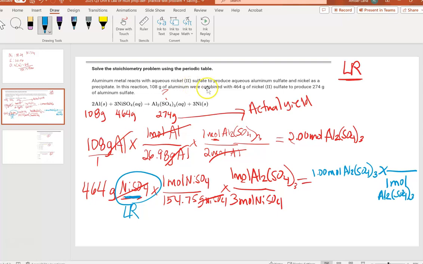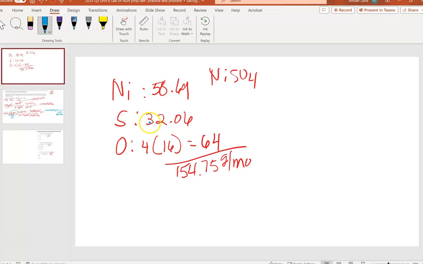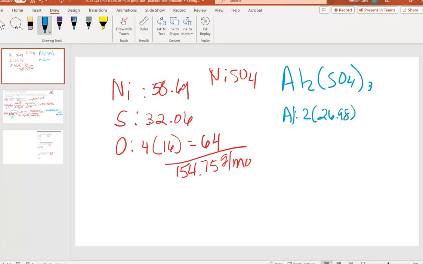So I'm going to come over here. So my formula is Al2(SO4)3. I need to calculate the molar mass of this compound. So aluminum, I have 2 aluminum at 26.98. I have sulfur. That 3 is distributed. Now you have to pretend there's a 1 right here. So I've got 3 sulfur atoms at 32.06. 3 times 4 is 12. So oxygen, I have 12 oxygen at 16.